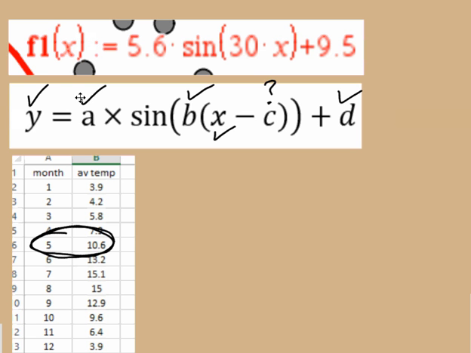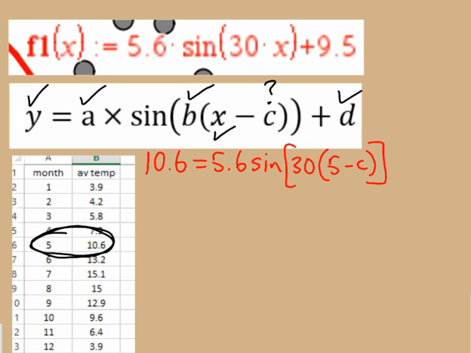So then we know everything, we just have to solve the equation to find C. So if I replace those values, I get y is 10.6, and then I get 5.6 sine 30, x is 5 minus C, plus D, which is 9.5.